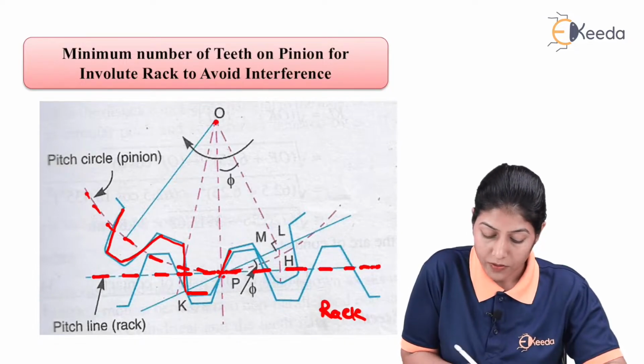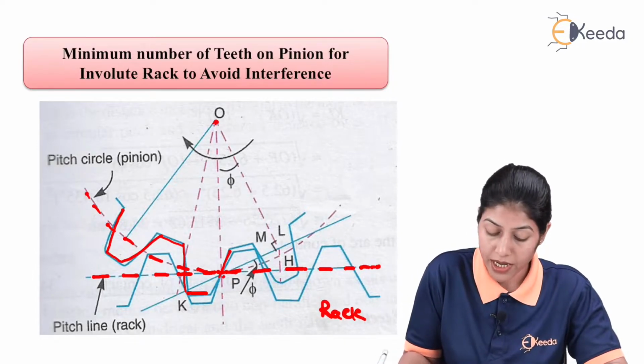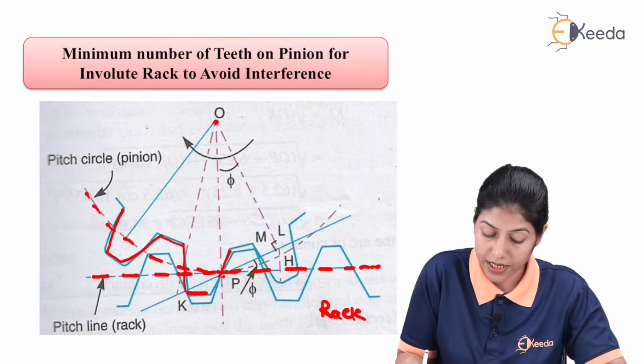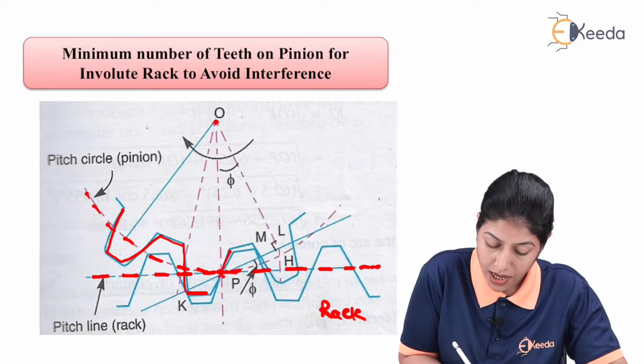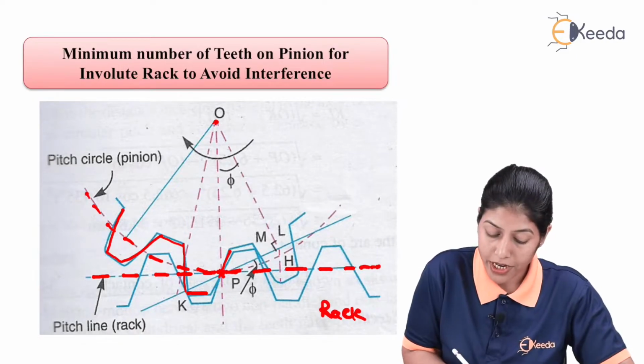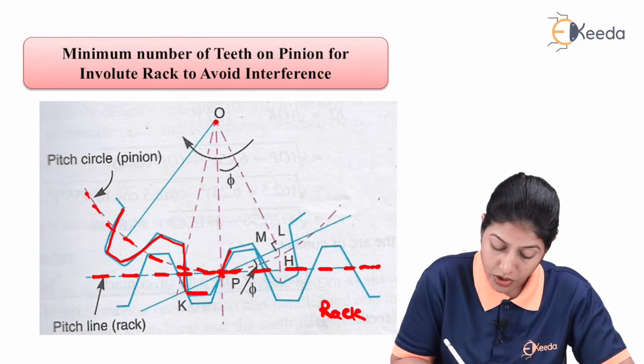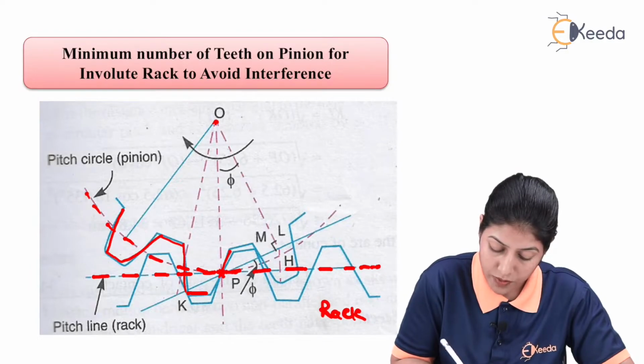Let us consider this line, which is passing through the pitch point. We consider the pitch point exactly at the pitch circle of the pinion and the point on the rack which is in contact with the tooth of the pinion.